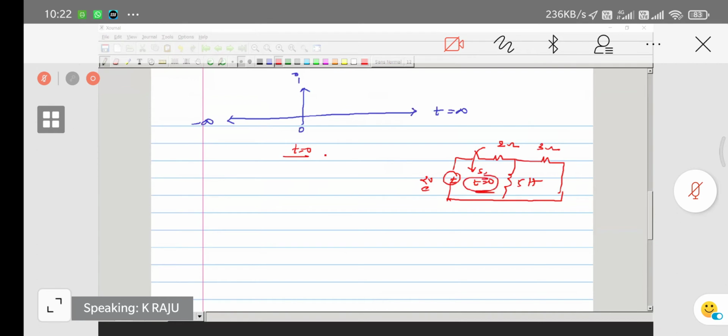This t equal to 0 is called the switching instant. t less than 0 is before the switching instant, and t greater than 0 is after the switching instant. For this particular problem, I am closing my switch at t equal to 0.